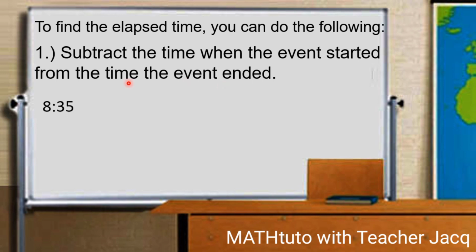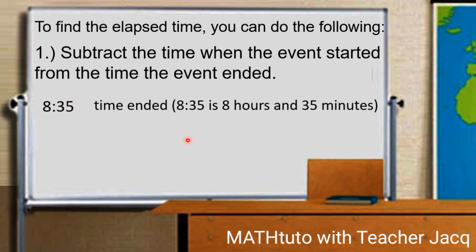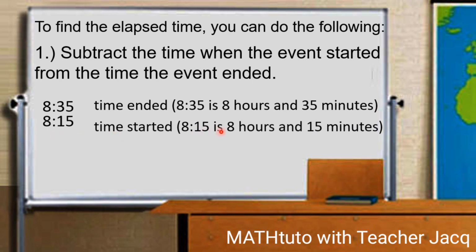So, yung time ended natin is 8:35. It is equivalent to 8 hours and 35 minutes. And then yung time started is 8:15. It is equivalent to 8 hours and 15 minutes. So, we will subtract 8:15 from 8:35.